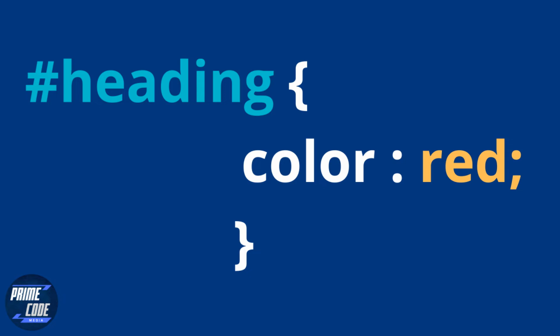You will remember that with classes, a period character or a dot precedes the class name, so the dot comes before the name of the class. But in this case, with ID selectors, the hashtag symbol or the pound sign comes before the ID name.